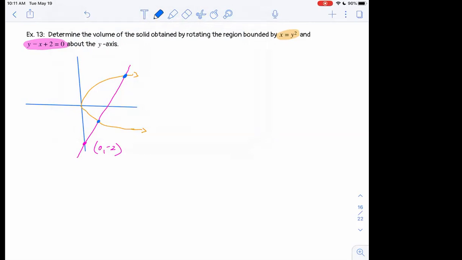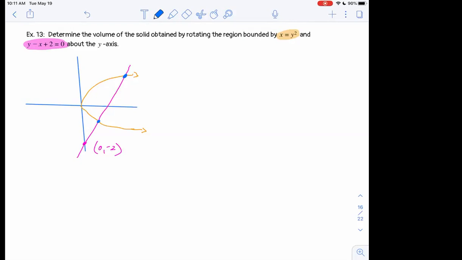In this case, can I set them equal to each other? Like, how do I go about finding these intersection points? You can solve for x in the pink equation and then set them equal.